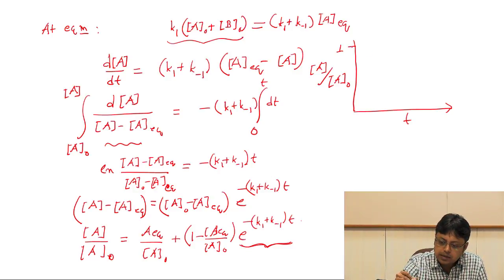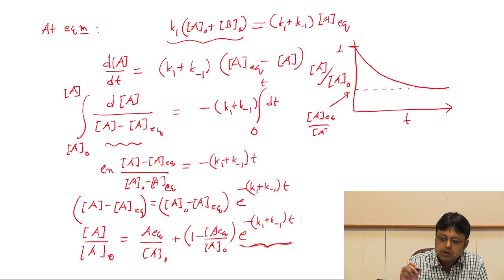Since everything is scaled with respect to A0, it will have some value. So it will exponentially decay and reach the equilibrium value, which will be nothing but A equilibrium by A0. So this is the long time behavior.